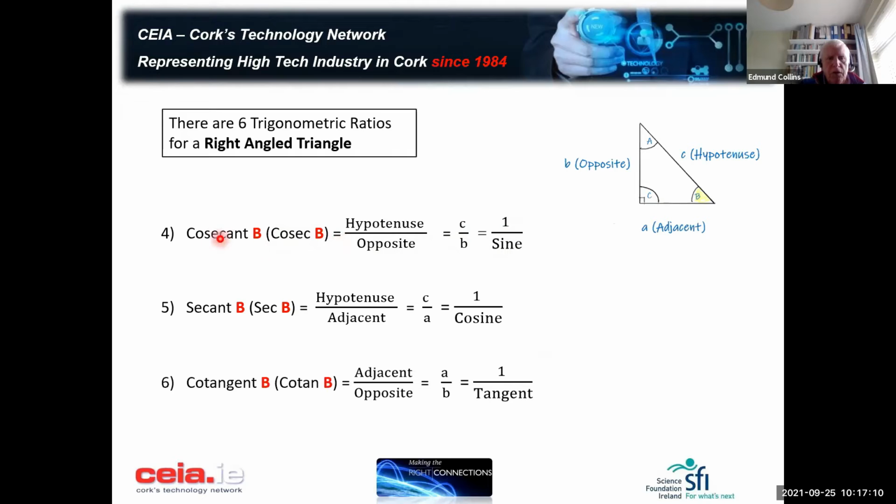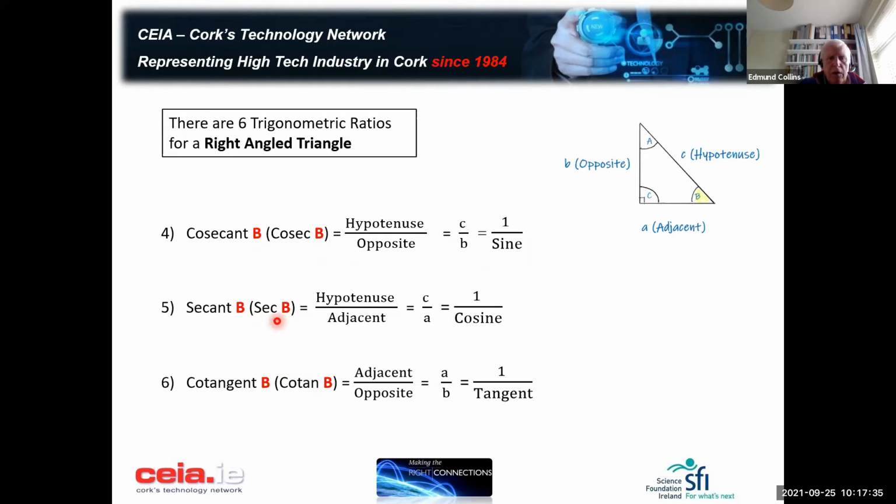I used to with this, saying, oh, the cosecant is 1 over the cosine. But if you go to the third letter in each of these, S, which is the sine, C cosine, and T for tan, certainly these would help you remember the difference between the cosecant and the secant.